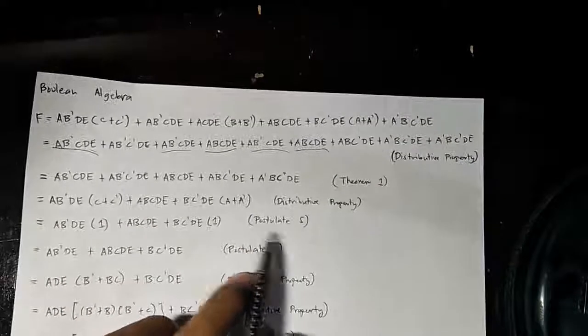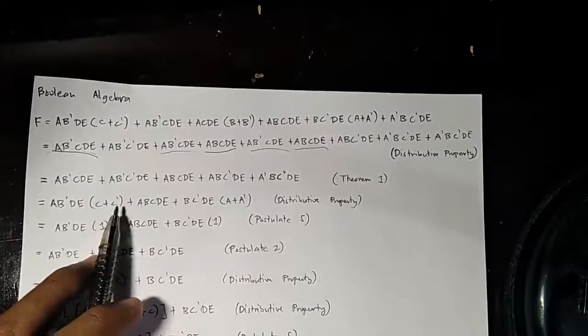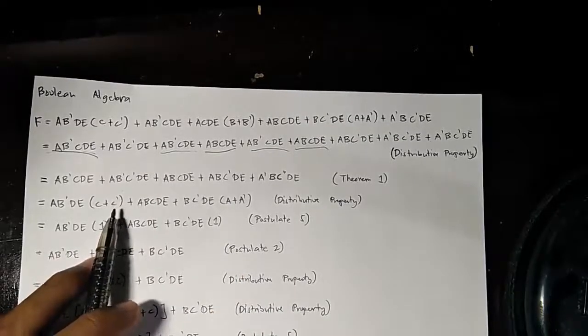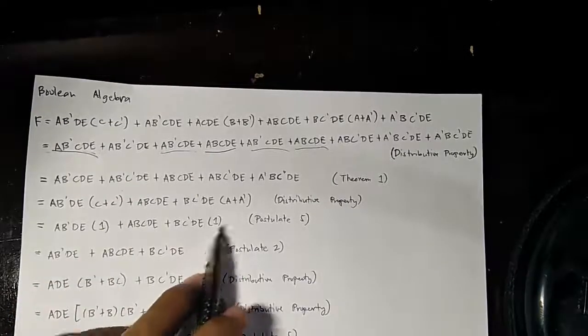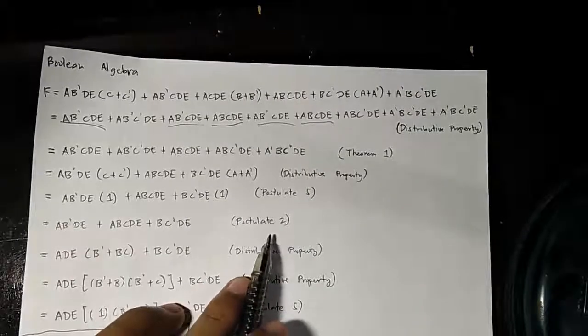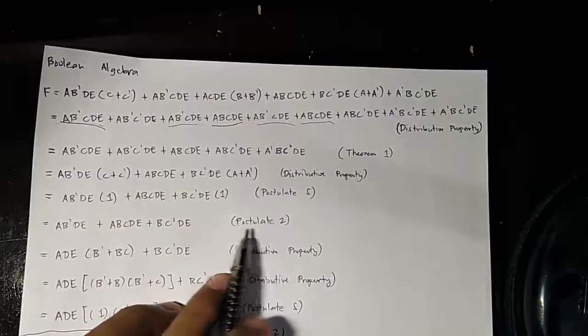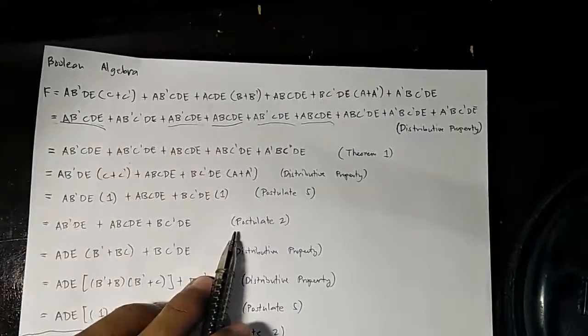And according to postulate 5, C or C', or an X or X', will equal 1. So here this will equal 1, and this also will equal 1. According to postulate 2, X and 1, or any literal multiplied by 1, will be that literal.